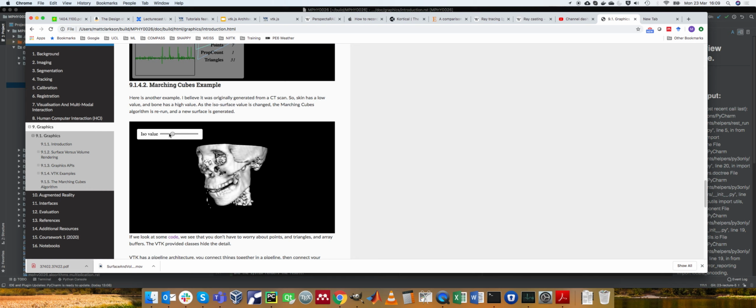So here we see a small demonstration. If I set a low value, the marching cubes algorithm is essentially searching through that volume of data, and it finds where the grey level intensity crosses that threshold, and it renders a surface.